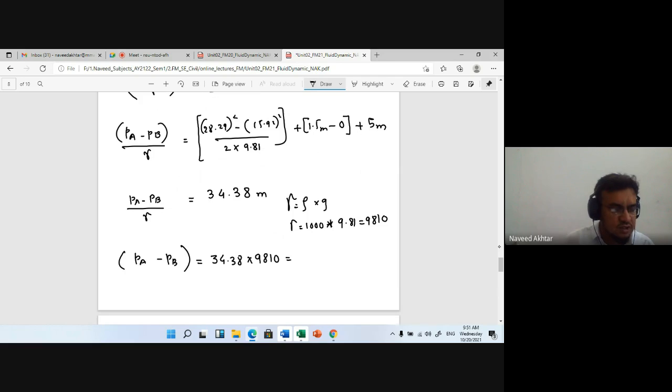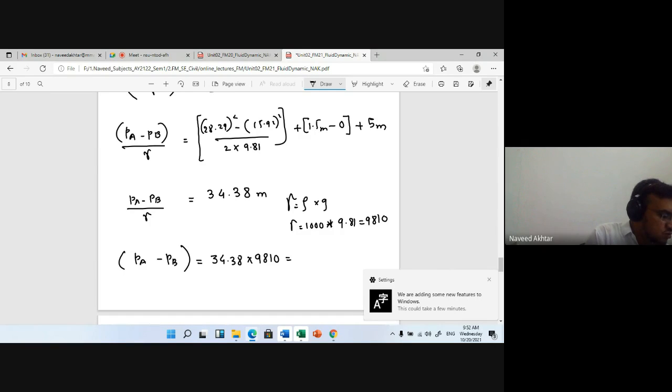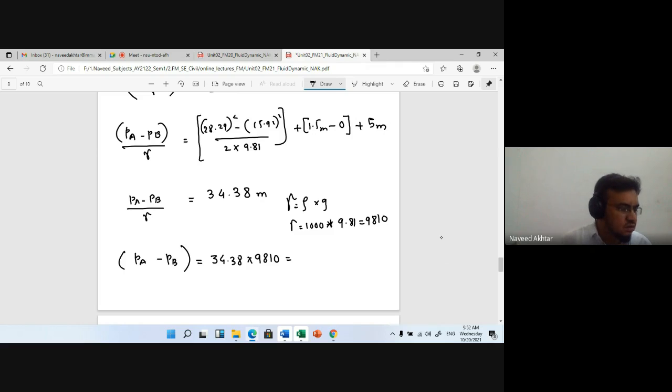If you multiply this, you'll get the value 337267.8 Newton per meter square. This is nothing but your pressure difference between the two points, A and B, for the given example.